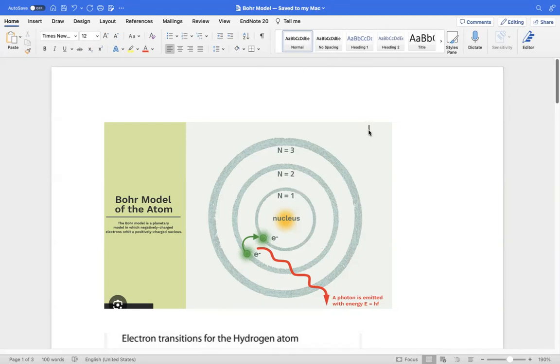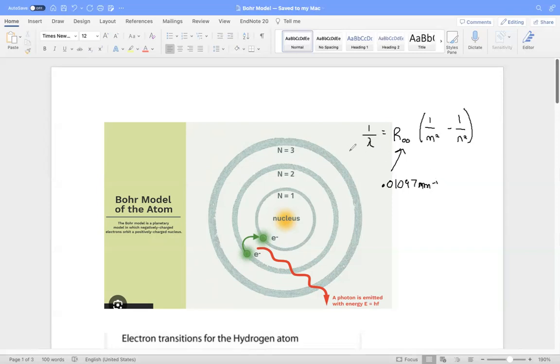And so just writing out our basic equation, it's 1 over lambda for wavelength equals the Rydberg constant times 1 over m squared minus 1 over n squared. And in this equation, the Rydberg constant is 0.01097 inverse nanometers, and I misspoke earlier, it's in nanometers inverted, which makes sense because our wavelength will also be in nanometers.